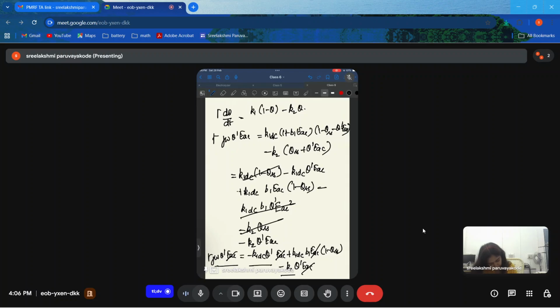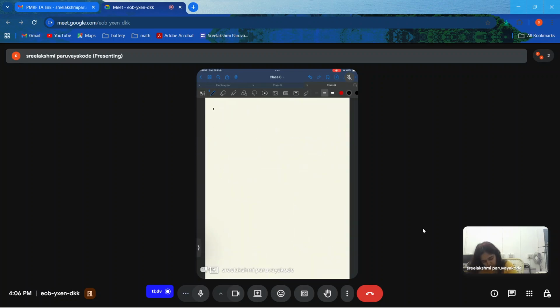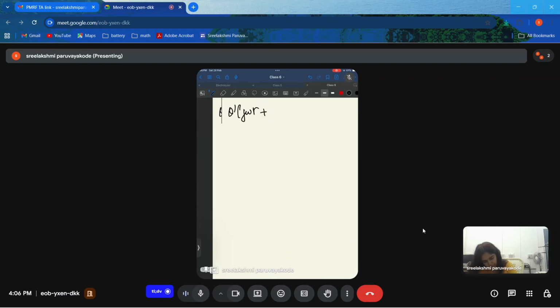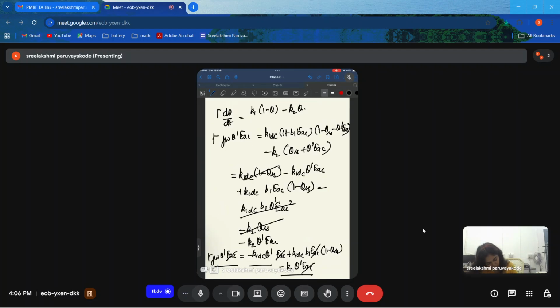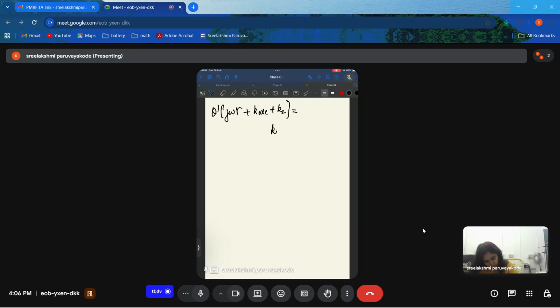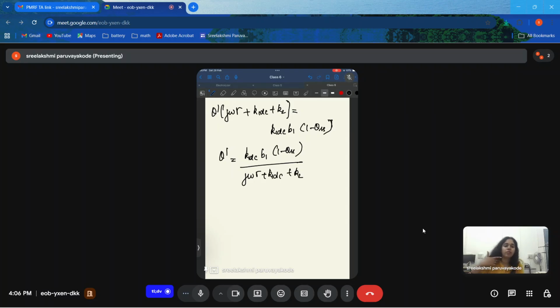This one has θ dash, this has θ dash. θ dash times (jωγ + k1 dc + k2) is equal to k1 dc b1 (1 − θss). Now θ dash equals k1 dc b1 (1 − θss) divided by (jωγ + k1 dc + k2). This is your expression for θ dash.